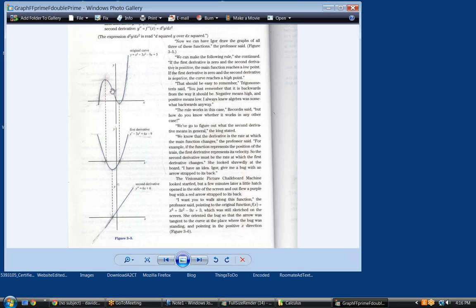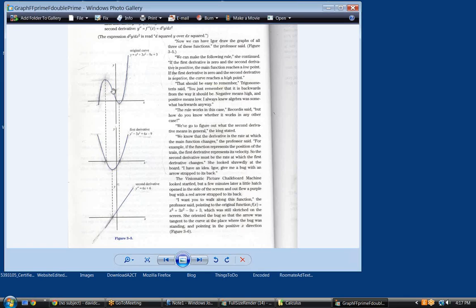It's right where my little hand is there. I don't know if you can see that or not. Yep, I can. In other words, there has to be some point in between here and here where that concavity is no longer concave down and it switches to concave up. That's the inflection point. Notice that the second derivative is 0 at that inflection point.